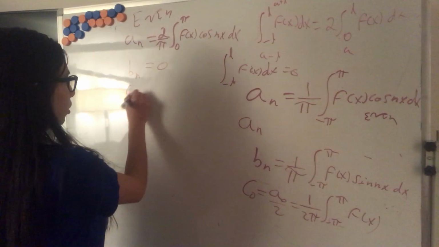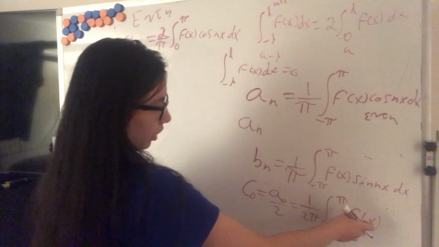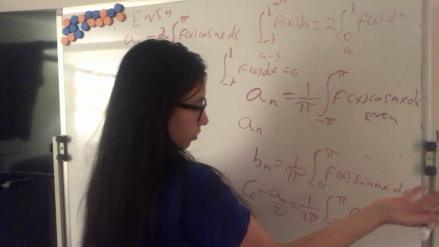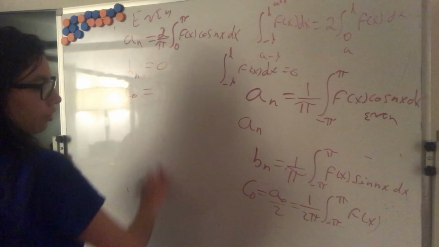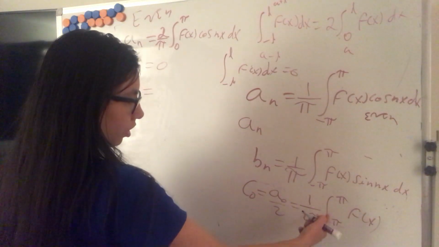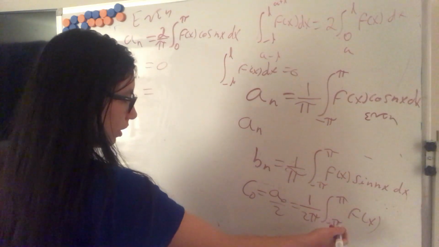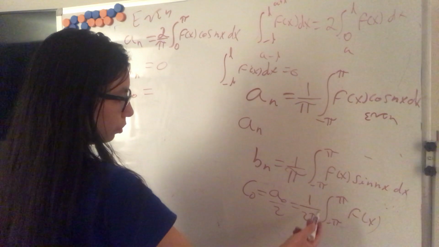C sub 0 would be, here I just have the definite integral of an even function, so I can put it as 2 times this.